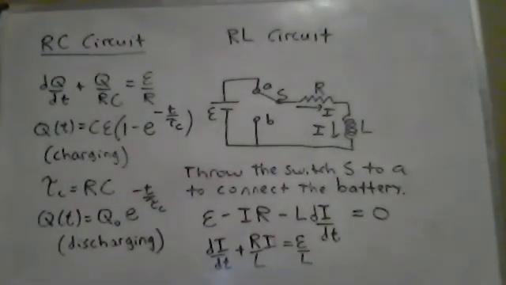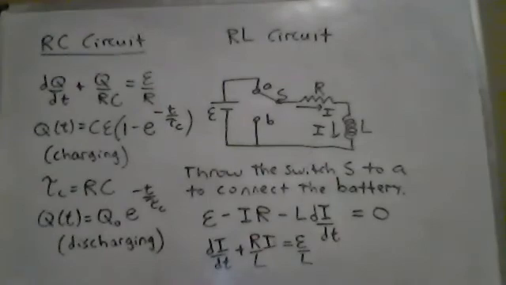Instead of solving for Q of t, I'm solving for I of t, but who really cares? I could be solving for f of t, I could be solving for whatever function. The physics says the RC circuit means you're solving for the charge as a function of time, charge on a capacitor, whereas in the LR circuit, you're solving for I in the actual circuit, and of course, the I that goes through the inductor.